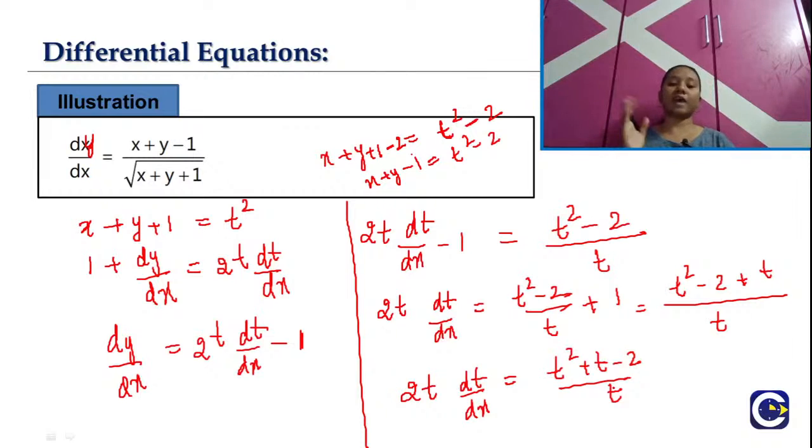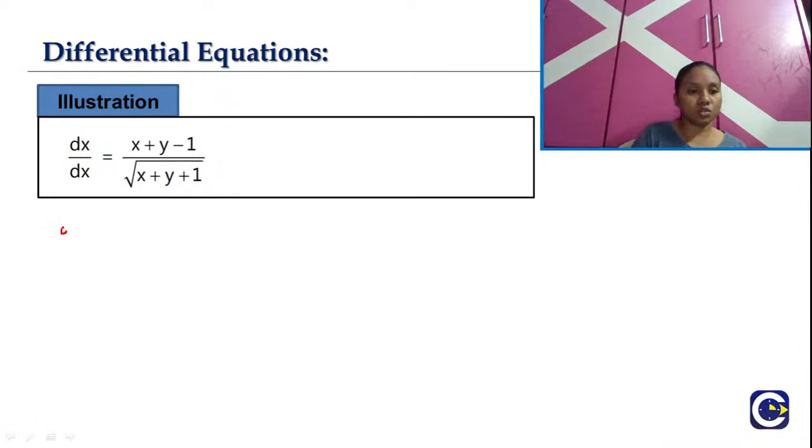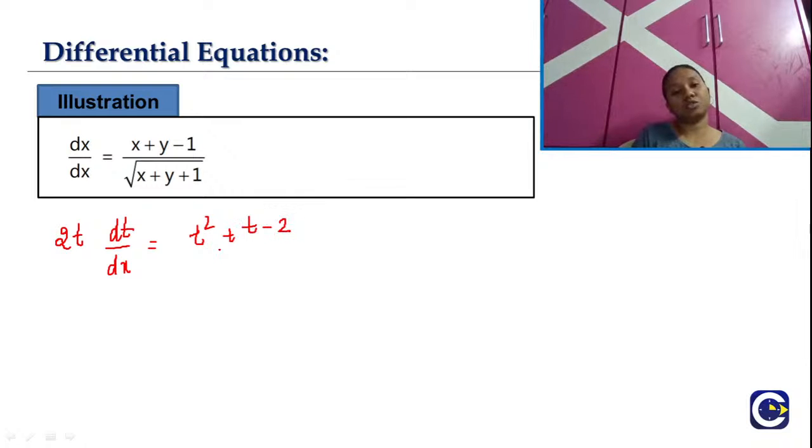First, we have to make all the t terms to one side of the equation, that is the left side, and the x to the right side of the equation. So let me erase this. So far we have simplified until 2t dt by dx is equal to t square plus t minus 2 divided by t.